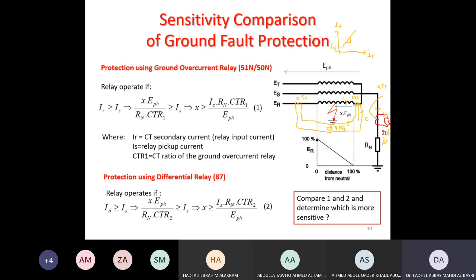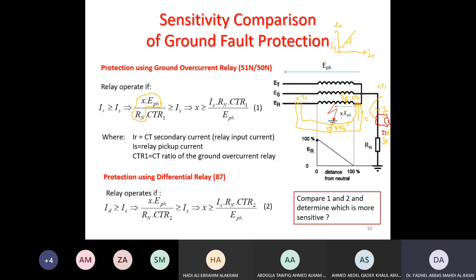Dividing this current, which is I fault, by CT ratio 2, gives me this current, and I would like to see, is this current greater than IS? So the I fault will be XE phase divided by Rn, that gives me the fault current. If you divide by CT ratio 1, it gives me the current on the relay side.